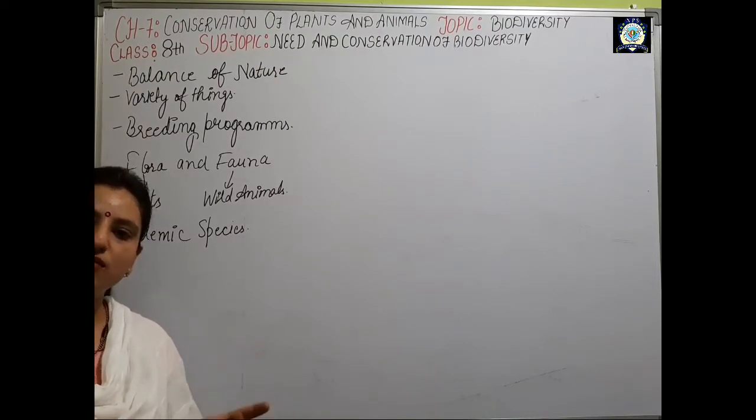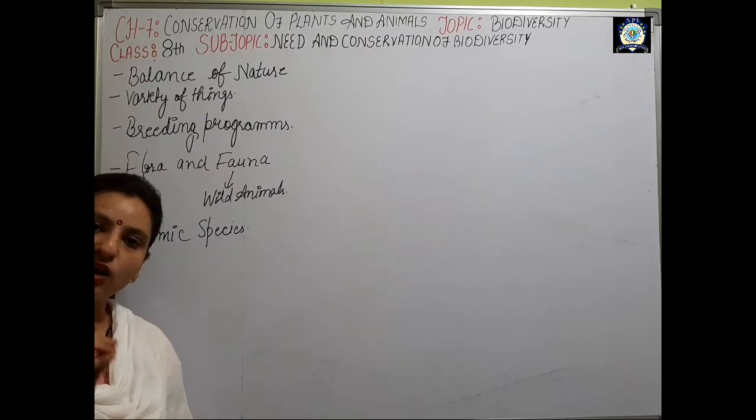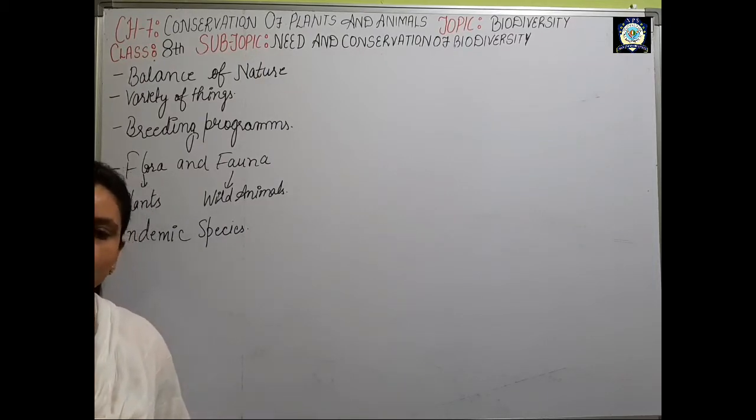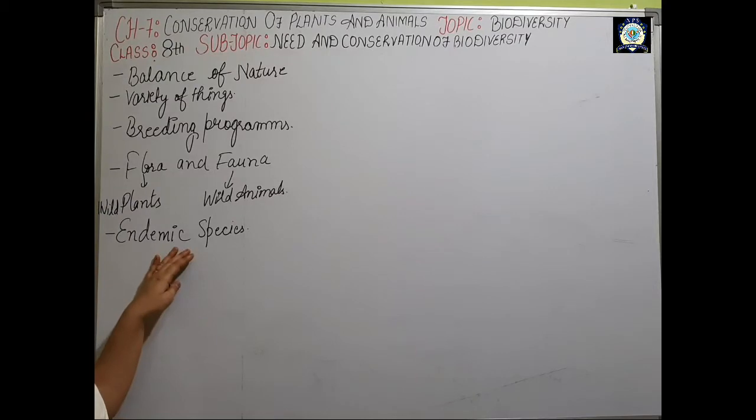So any species which is related to a particular area and cannot be found anywhere else is called an endemic species. In other terms, local species, local organisms of a particular area, comprise the endemic species of that area.